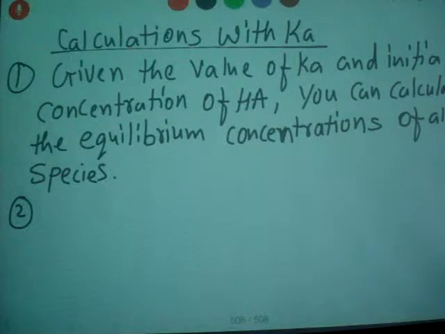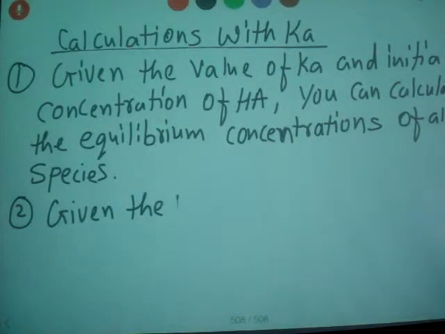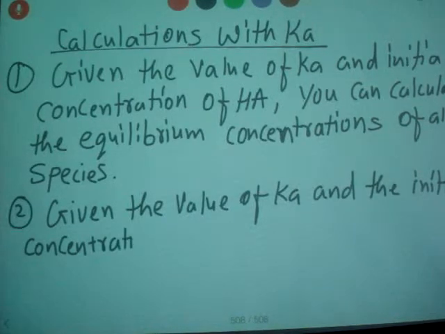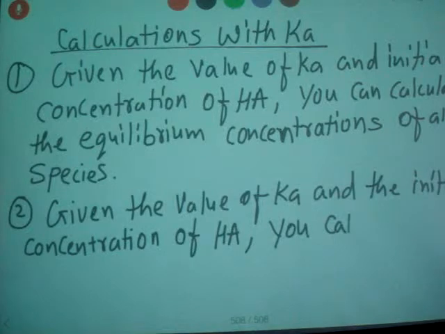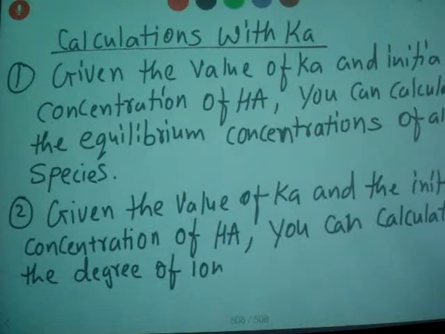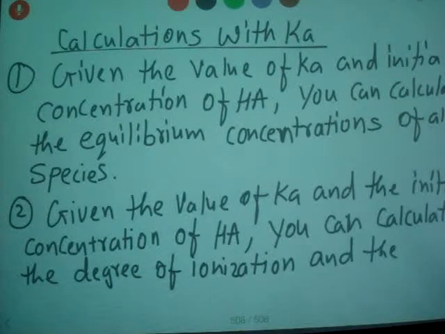Okay. Now let's say the second one, if given the value of Ka and the initial concentration of HA, if these two things are given, then you can also calculate the degree of ionization and the percent ionization.